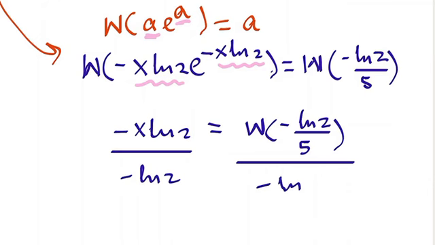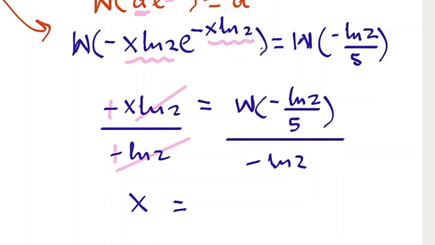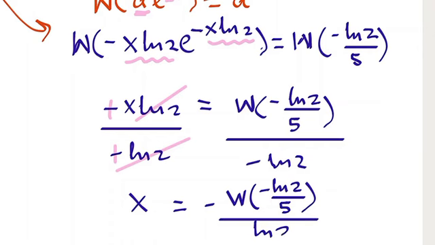If I divide through by minus ln of 2, you see that this will cancel this. Then I'm going to have x equals, the minus sign also will go, so I'm going to have x to be minus, because of the minus there, minus W of minus ln of 2 over 5, then divided by ln of 2.